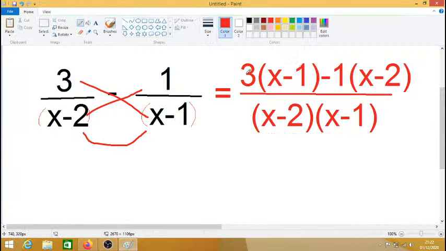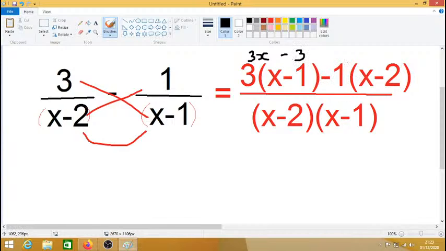And then you can simplify the top. You've got 3 times the x, 3x, 3 times the minus 1, that's minus 3. Be careful when you're expanding the second bit. There's a minus here which has to be applied. So in the end, you should get 3 times the x is 3x. 3 times the minus 1 is minus 3.